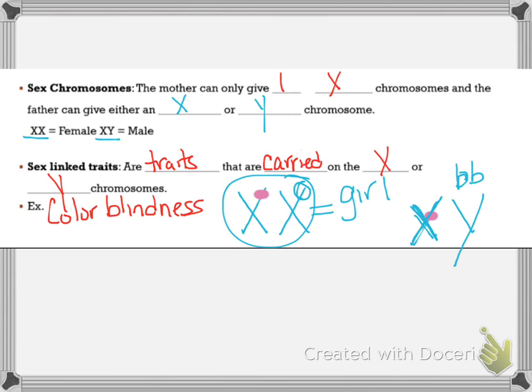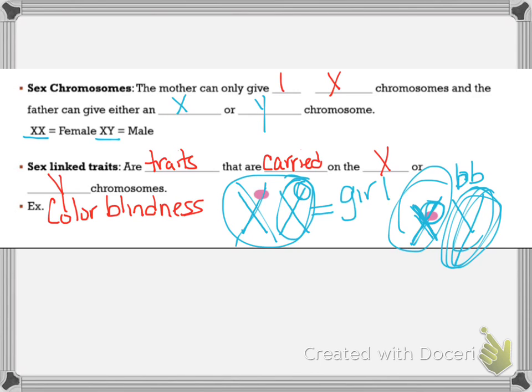The little boy is gonna have it because this is a Y. There's no X dominant trait to carry it out. There's only one, and that one is recessive. Whereas this one cancels out this one, there's nothing here to cancel this one out. So that means this one's gonna be colorblind.